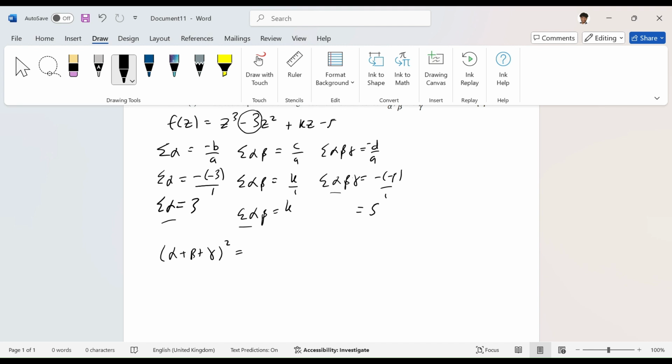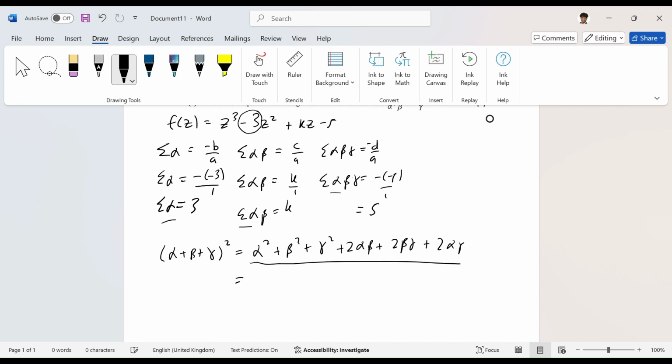It would be alpha squared plus beta squared plus gamma squared, and there'll be some other terms as well, which we can figure out. The other terms will be plus 2 alpha beta plus 2 beta gamma plus 2 alpha gamma. You can expand this yourself more slowly if you want, but this is what the final answer will be.